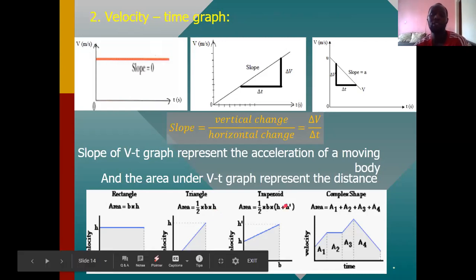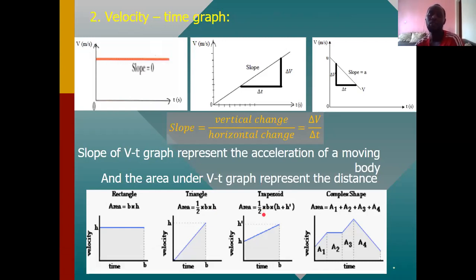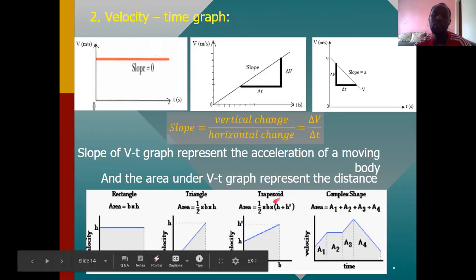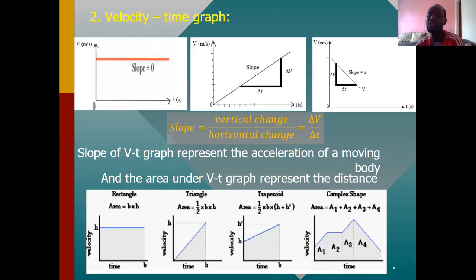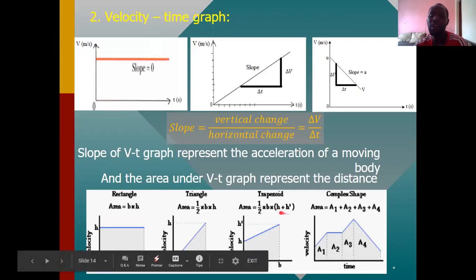For the trapezoid, the area is 1/2 times the base b multiplied by h plus h prime. You know that the area of a trapezium is the small base plus the big base multiplied by height divided by 2. Here, the height is b.